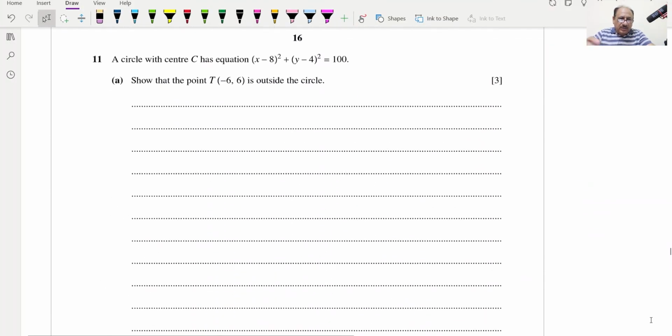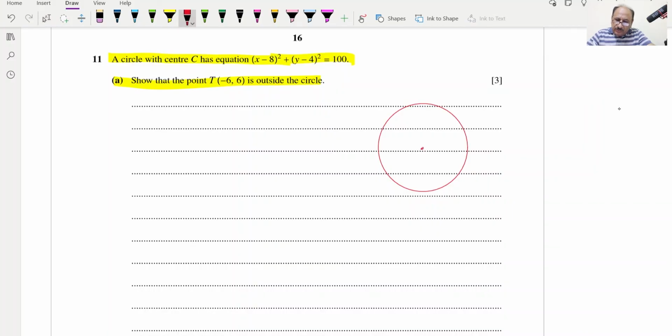Now question number 11. Question 11 says a circle with center C has equation. Show that the point T is outside the circle. So outside the circle, for example, if this is the circle and center is what?